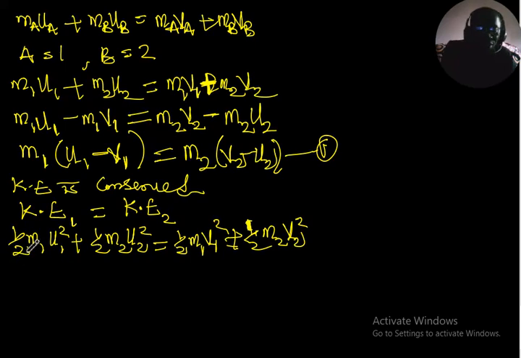If you look through this, 1 over 2 is common all through, so multiply through by 2.